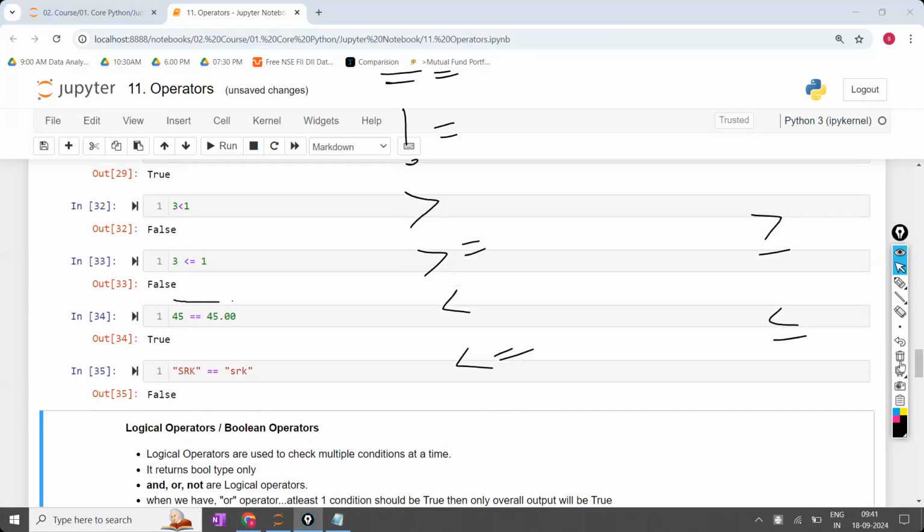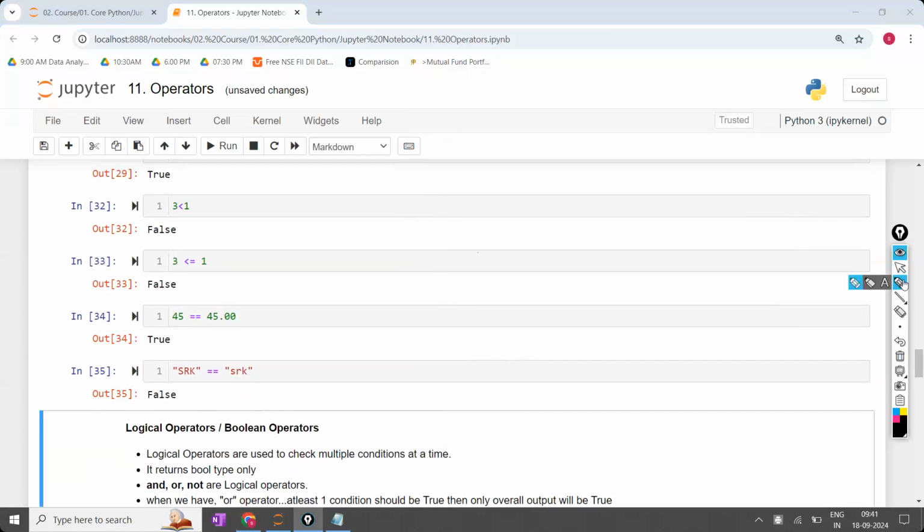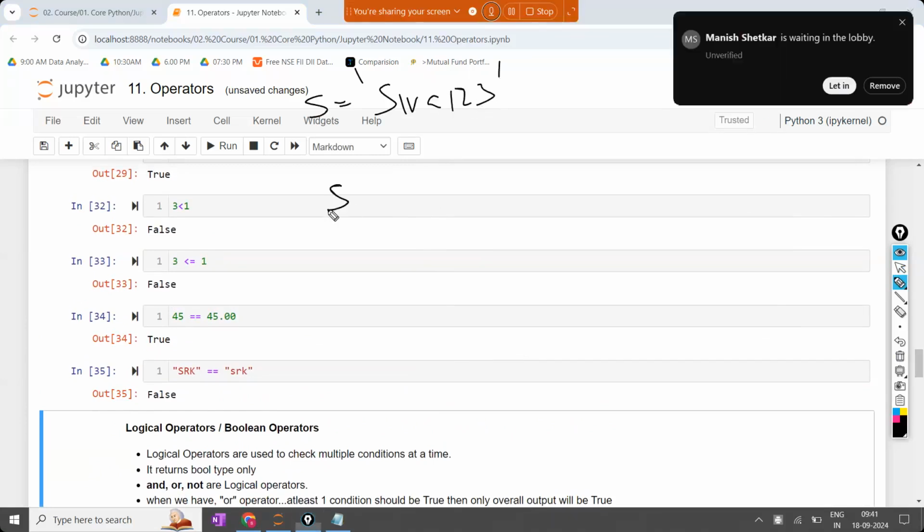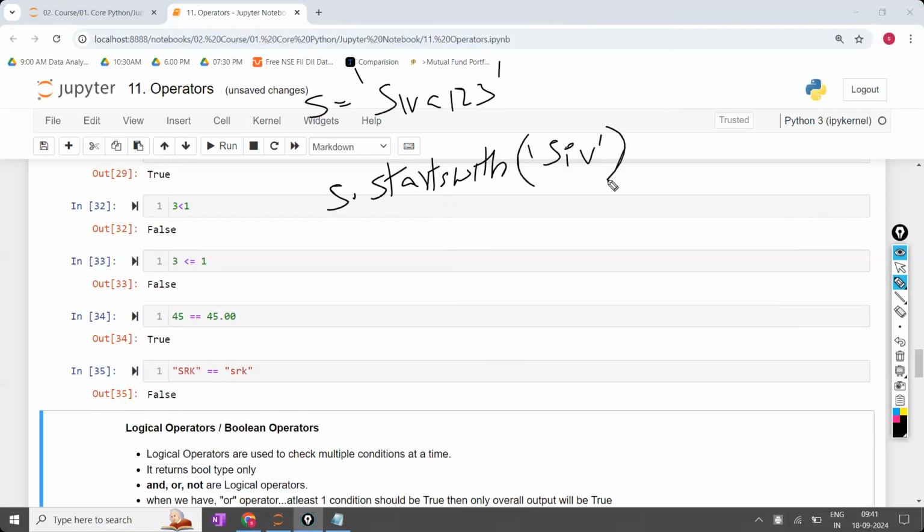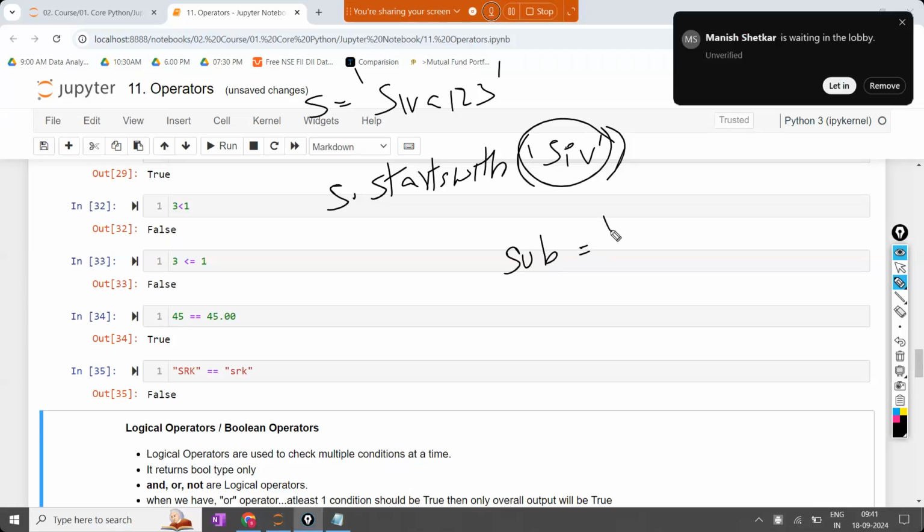Now yesterday we have taken s is equal to string of Shiva123, and s dot startswith, and here I have written SIV. Now in the backend, what it is going to do? This is called a substring. Basically, it will store in the backend the substring with a word called sub, and SIV.